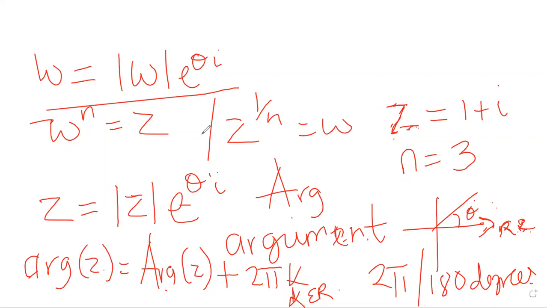I'm very sorry for this. Erase it. You add 360 degrees to it. So that's how we get our normal argument. This theta is the argument. So I'm going to rewrite this.